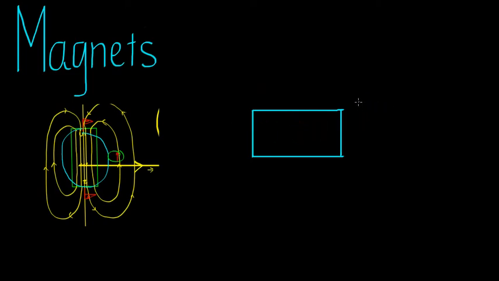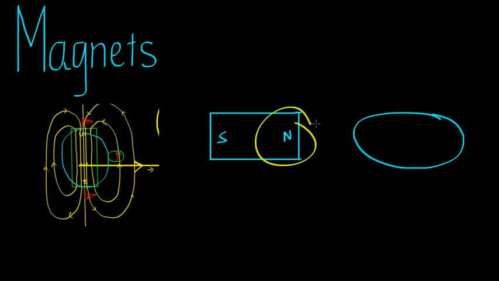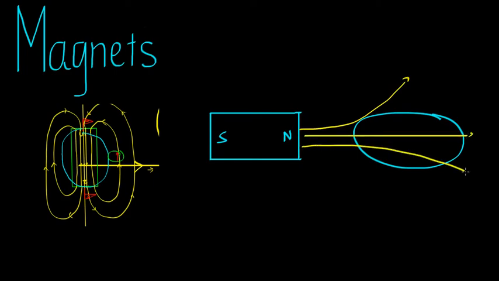This kind of lining up can be induced in a bit of metal. So say we already have a magnet here, and then I've got a little bit of metal over here. This magnet has magnetic field lines coming out of it, going like that.